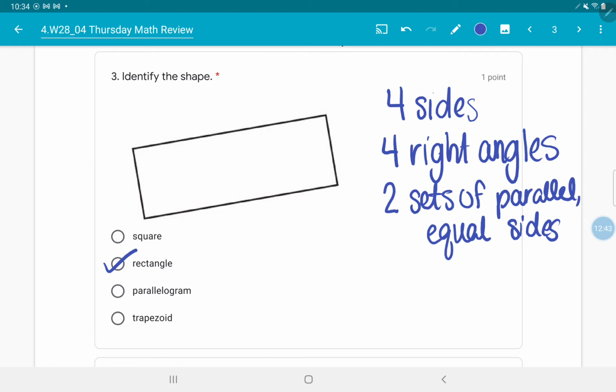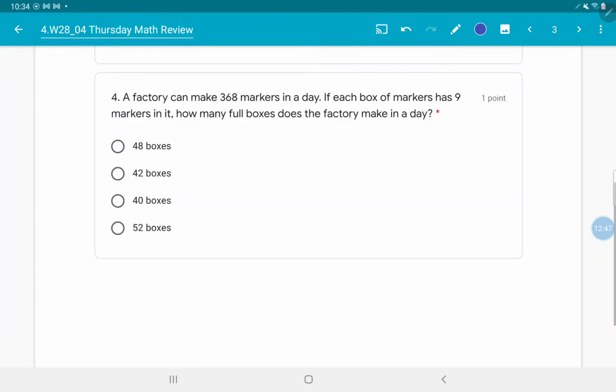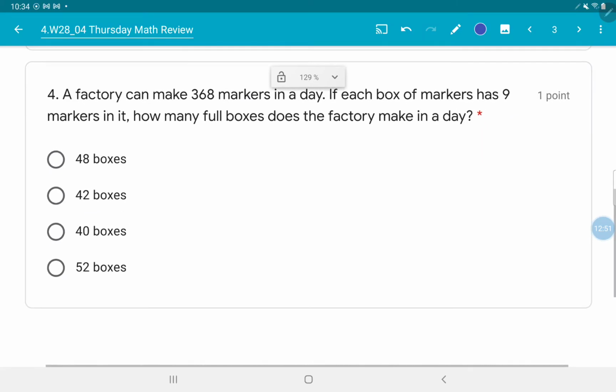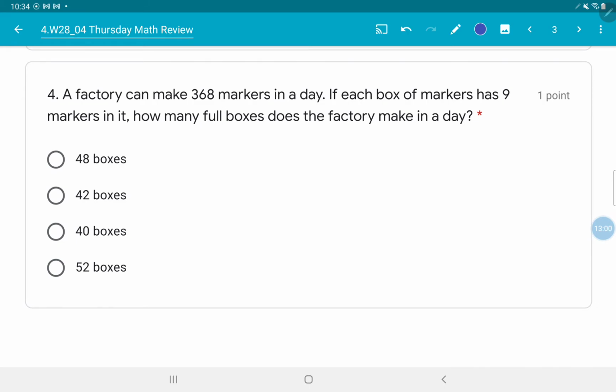All right. Number 4. It says a factory can make 368 markers in a day. If each box of markers has 9 markers in it, how many full boxes does the factory make in a day? What are we going to have to do to solve that, Owen? You're going to have to divide 368 by 9.